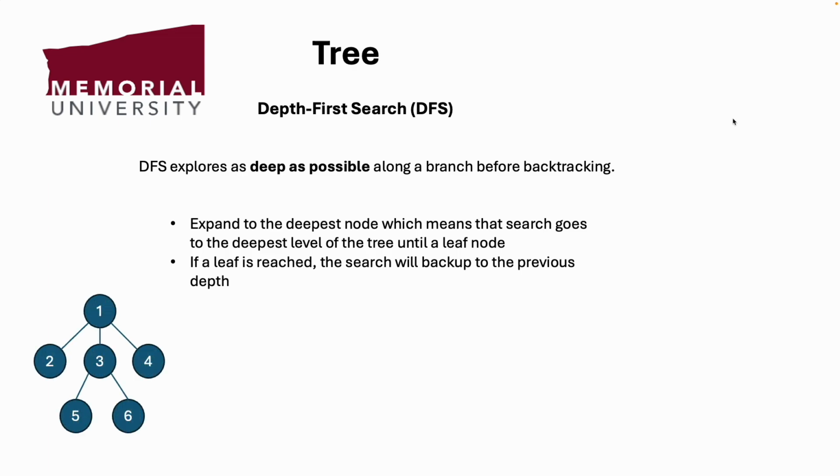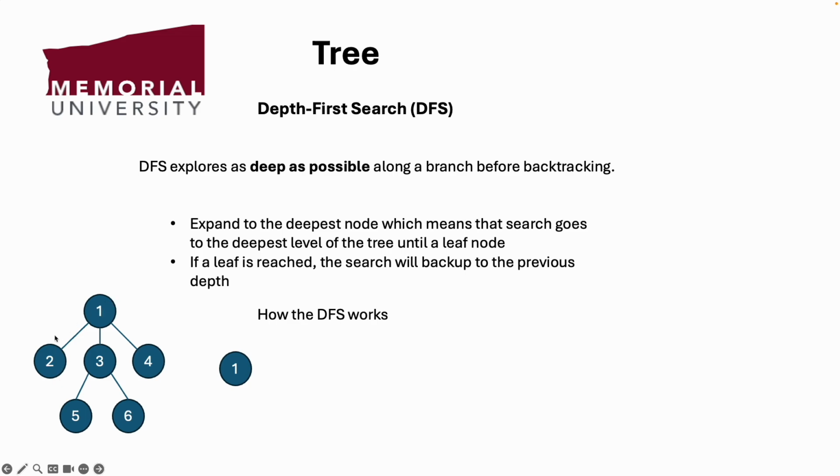Okay, let's give an example. With this same tree, let's look at how depth first search works. We want to go to the deepest level first, right? We start from node 1, and then we want to go to the deepest level.